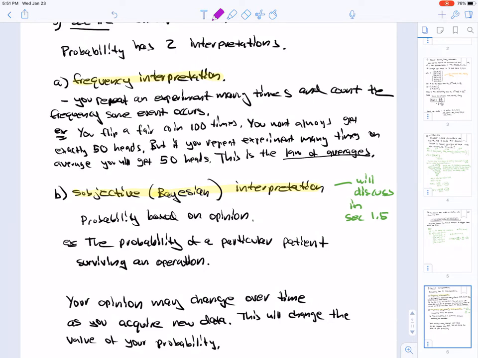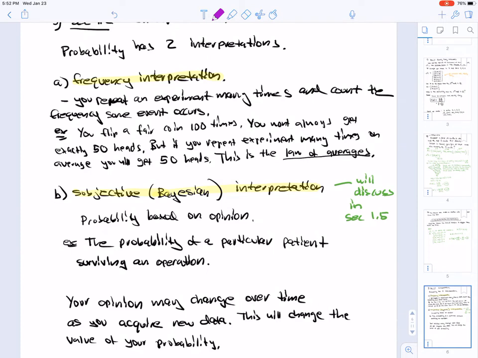So for example, say that I have a fair coin, my experiment is that I toss it 100 times and count the number of heads. So you're not going to get 50 heads every time, right? You're going to get 49, then you're going to get 52, and so on. So the probability of getting heads in each experiment is fluctuating around 0.5, and on average it will be 0.5. That's the law of averages, and you can read about that in the book.